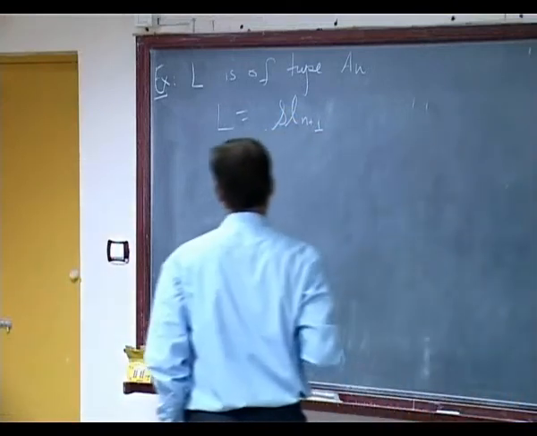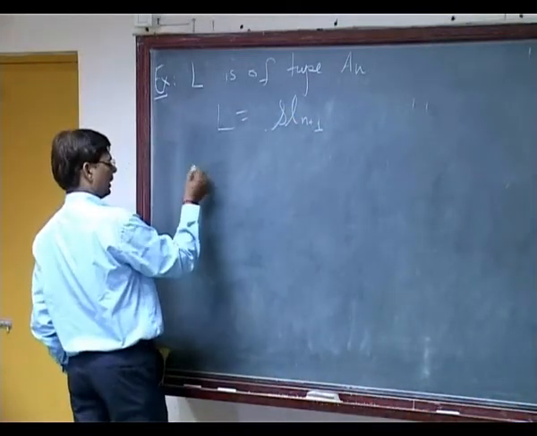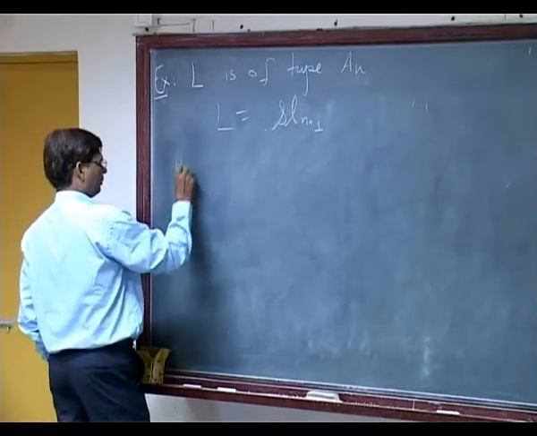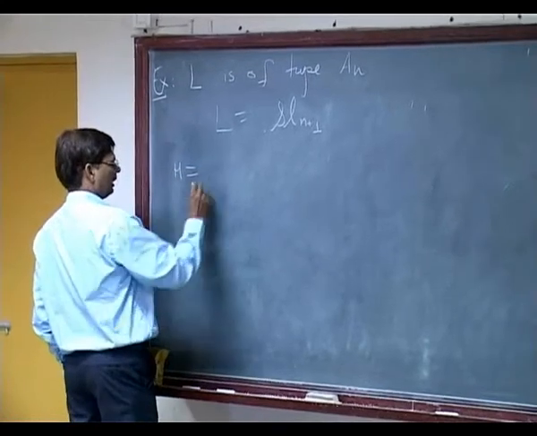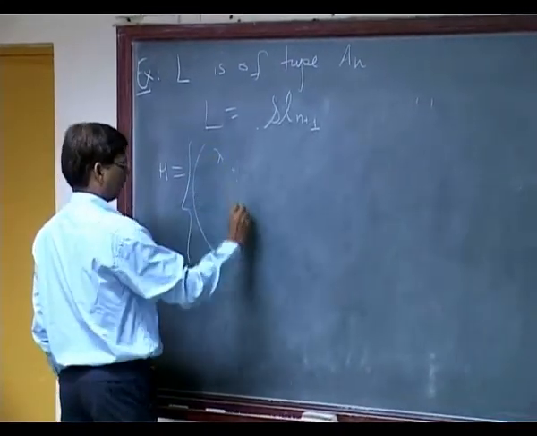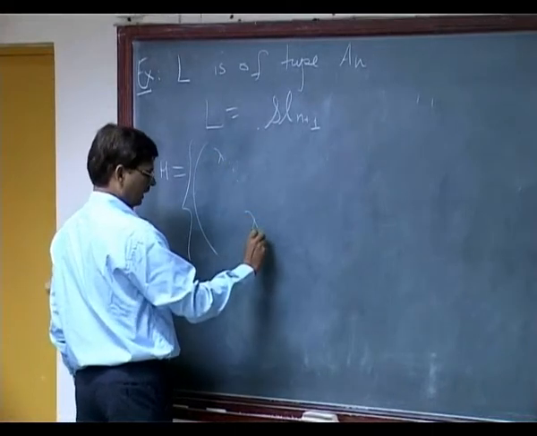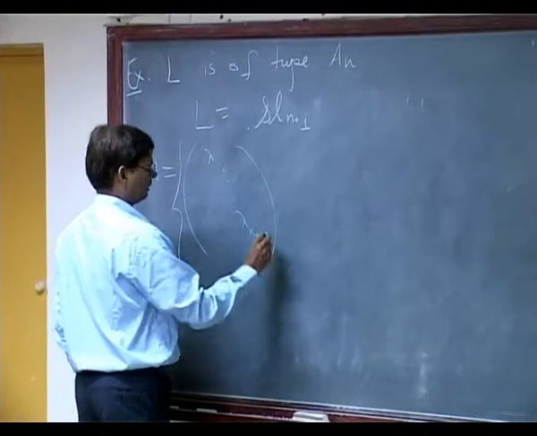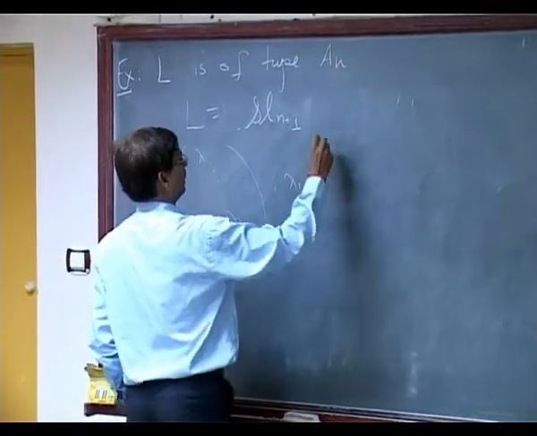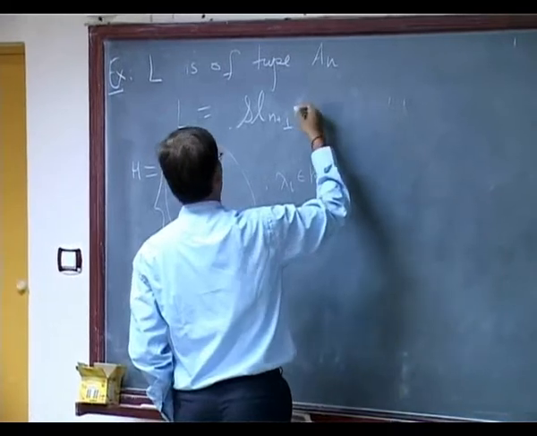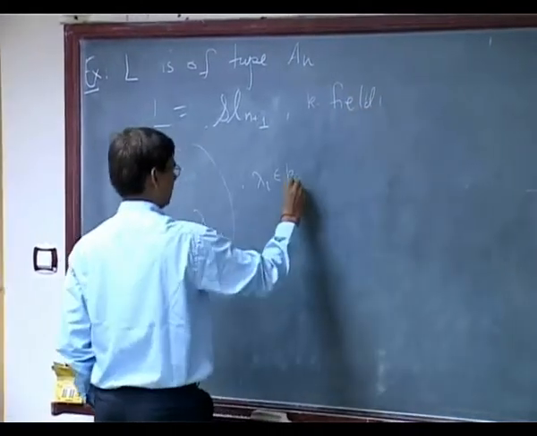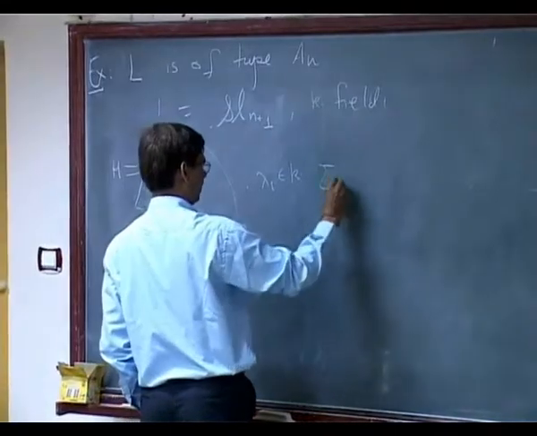Now take M. So then we know that H I can take to be the diagonal matrices lambda 1, lambda 2, up to lambda n plus 1, such that all lambda I belong to K, K being a field, and the sum of lambda I is 0.